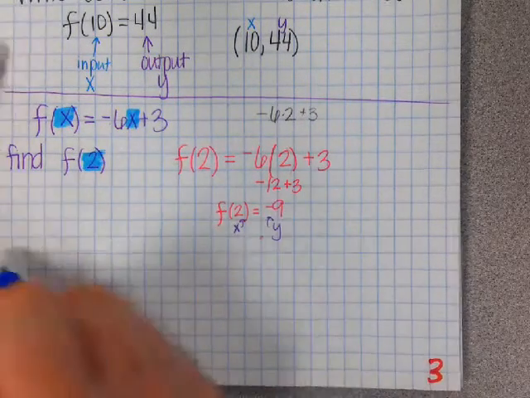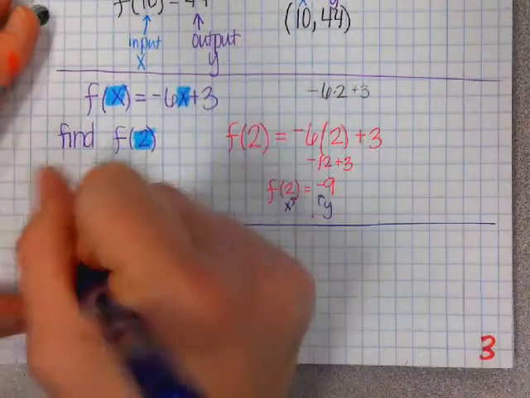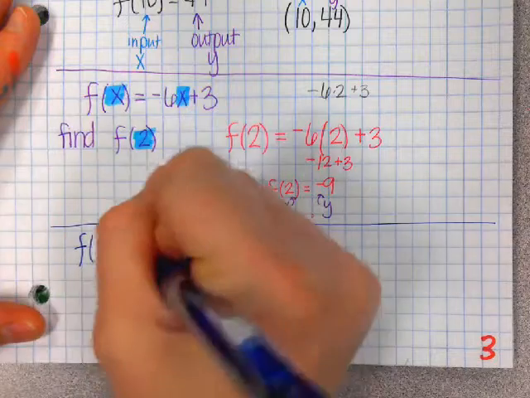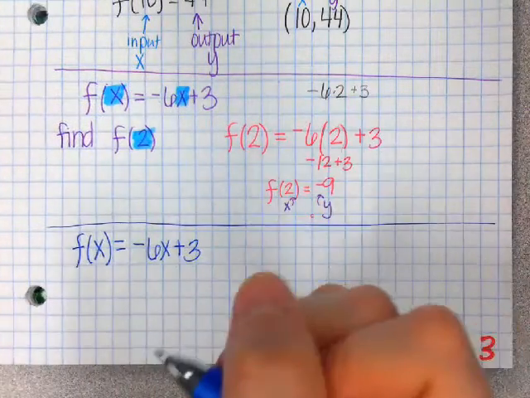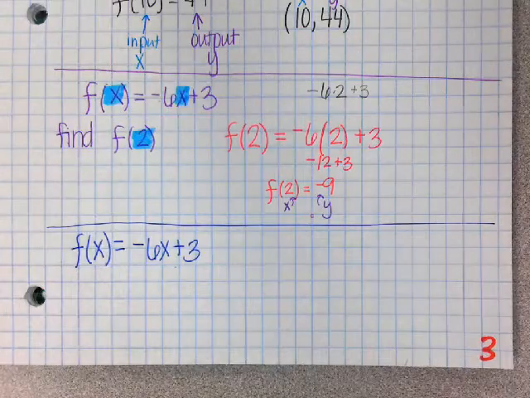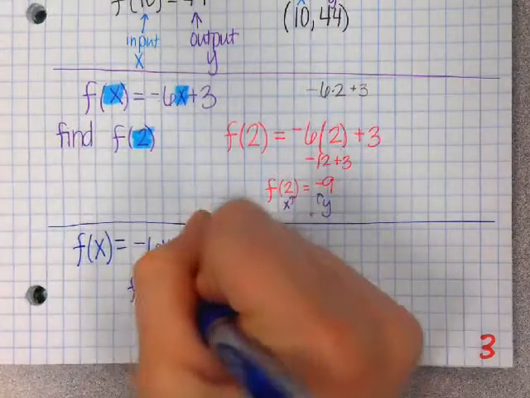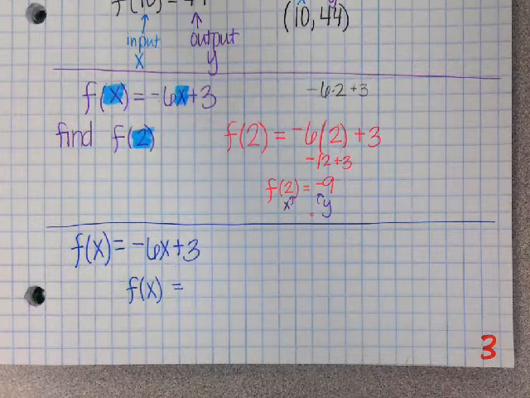Okay, now there's one more way, and this is kind of a new concept. Well, all of this is new, I'm pretty sure. But if I said use f of x equals negative 6x plus 3, and I told you to find when f of x was equal to some value.